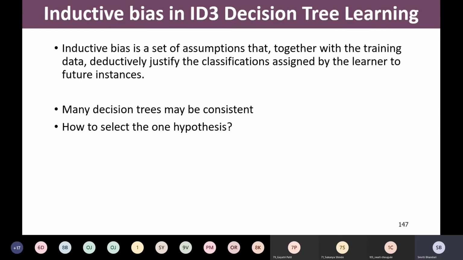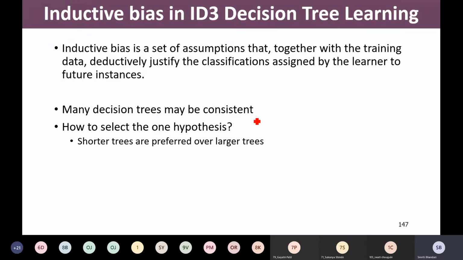We need to select one decision tree that is most suitable. So here comes the role of inductive bias. Here we may impose some kind of assumption, called inductive bias, for selecting the hypothesis. So what kind of inductive bias we may have? We may say that the shorter trees are preferred over the larger trees.